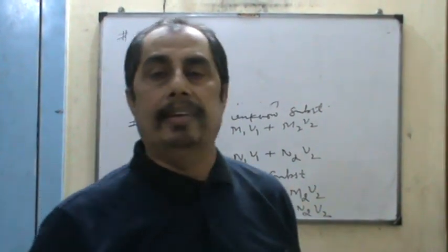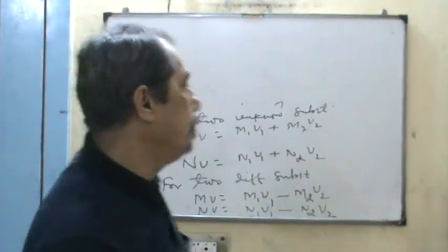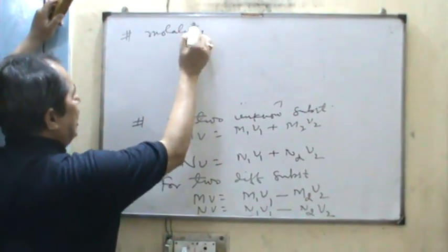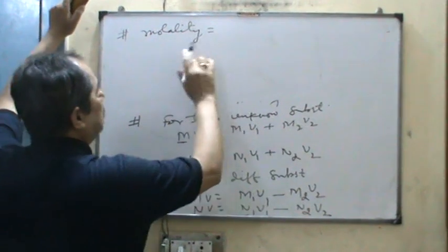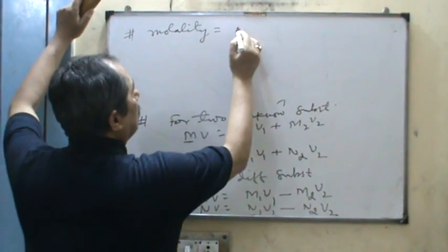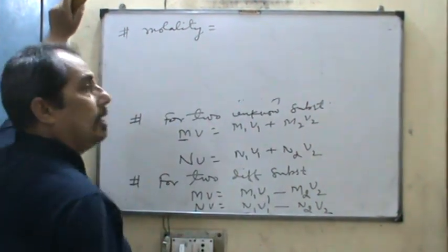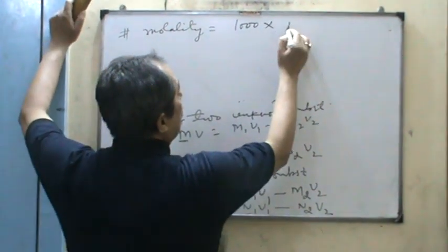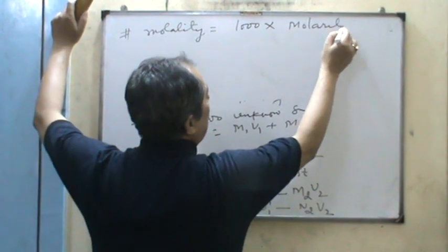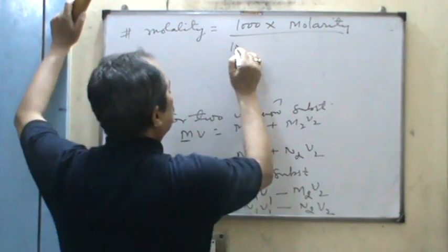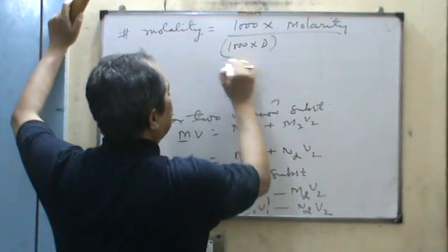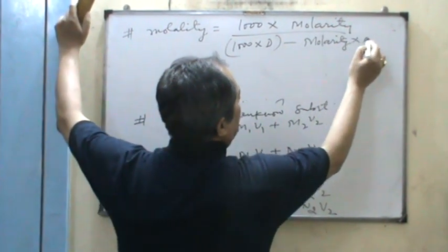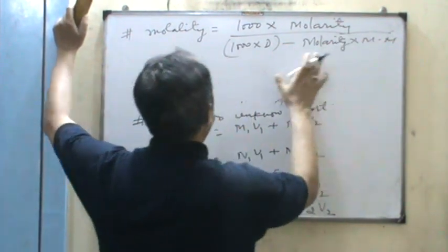Then in case of another formula, you have to calculate the molality, where molarity is given and density is given. Then I give you again a very good formula to calculate molality. Dear students, I discuss molality this time. You write the formula: molality equals 1000 into molarity upon 1000 into density minus molarity into molar mass.